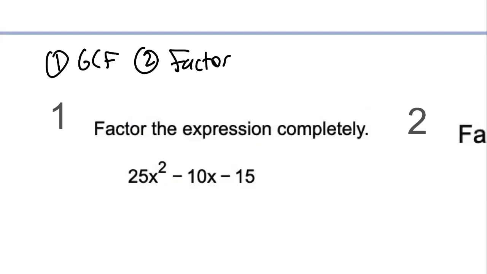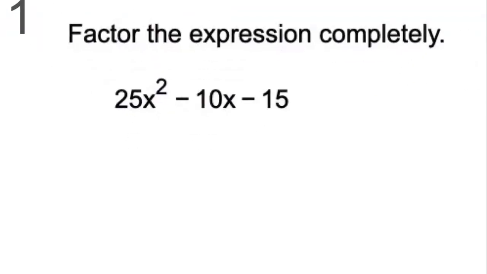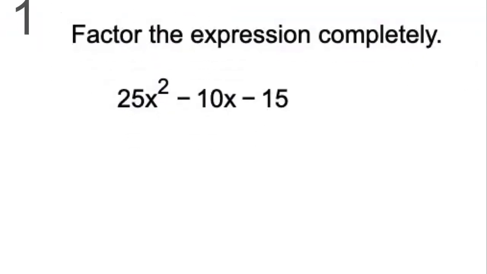So for number one, it says factor the expression completely. We have 25x squared minus 10x minus 15. So we have to find the GCF. What does 25x squared break down to? What does 25x squared break down to, Suraj? 5 and 5 and x and x, right? Don't forget the x and x.